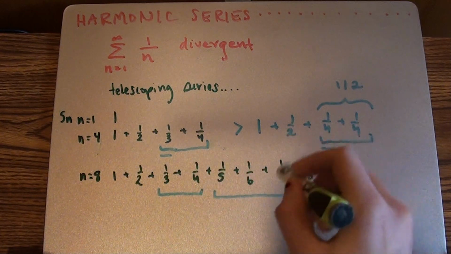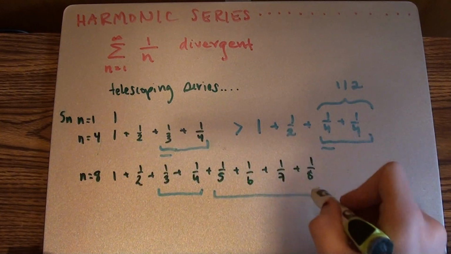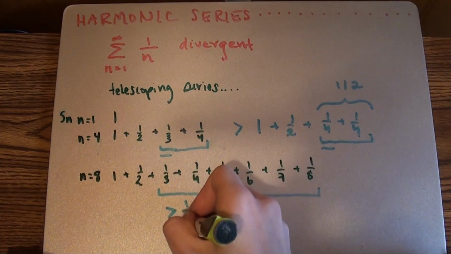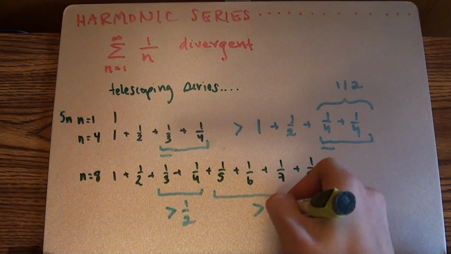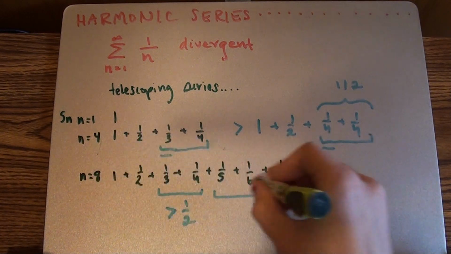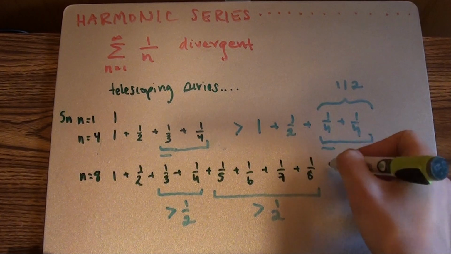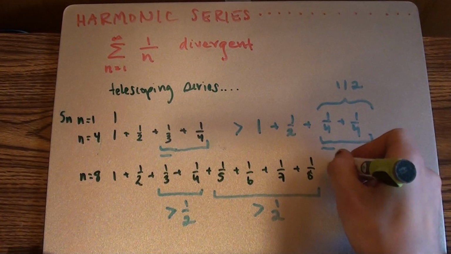If you plug this into your calculator, or just add them all together, these guys are going to be greater than 1/2. So this whole partial sum is still greater.